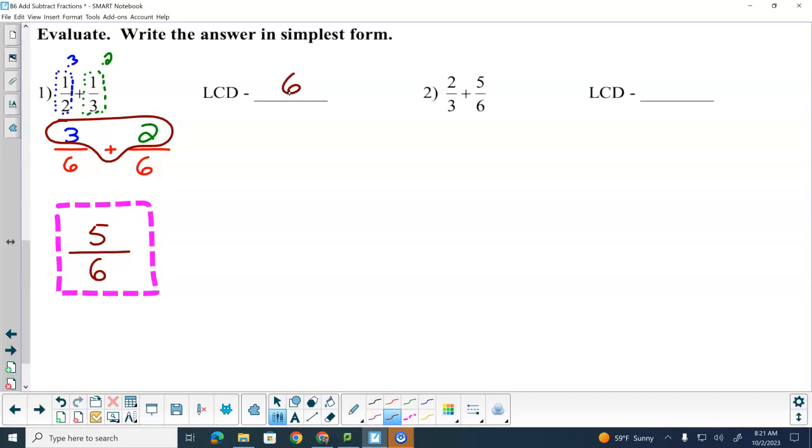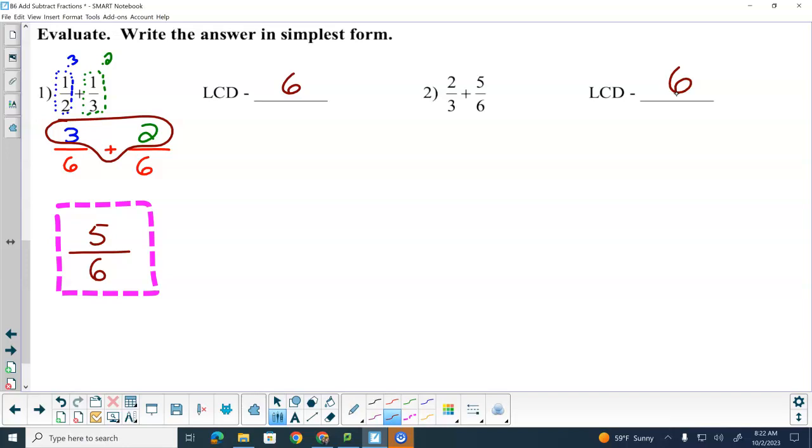Number 2, 3 and 6: are my denominators the same? No. So what's the smallest number that both 3 and 6 go into? 6, yep. So 6 is my least common denominator. Now here's the kicker.